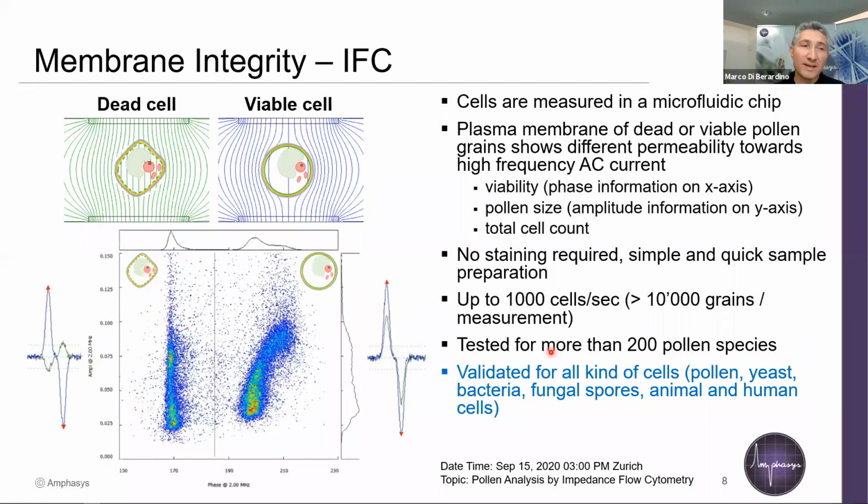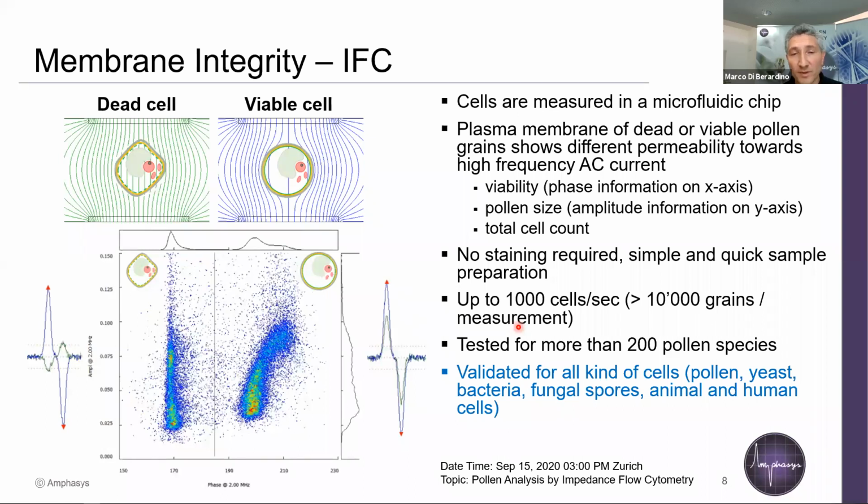Important to know is basically that it's a label-free technique. There is a very simple and quick sample preparation step, and you can count as many as 1,000 cells per second, which gives you a very high statistical power, because in half a minute you have counted several thousands of cells, and this is of really high statistical relevance.